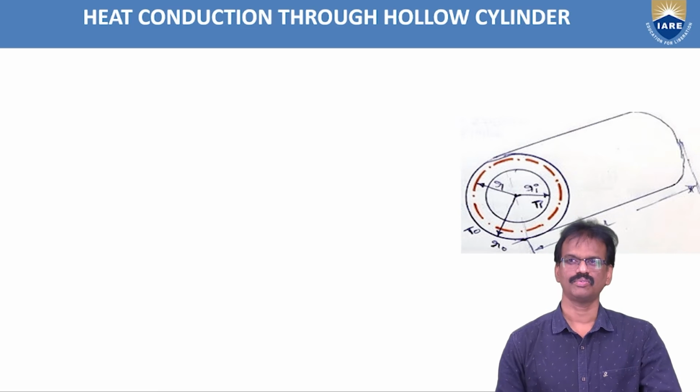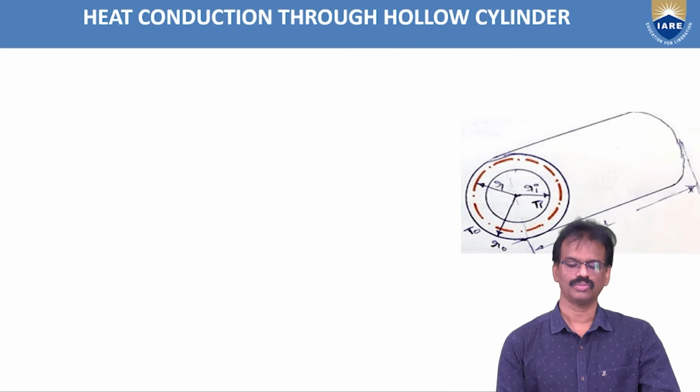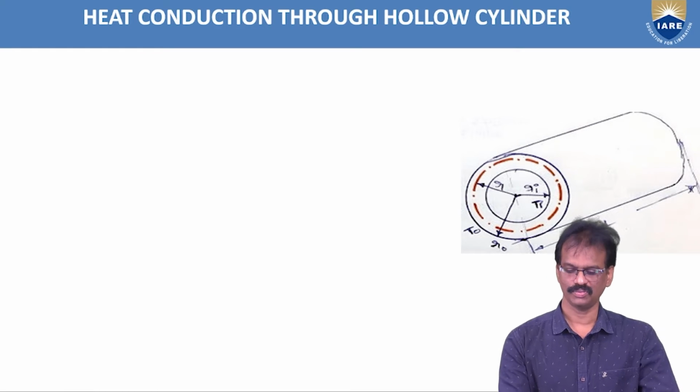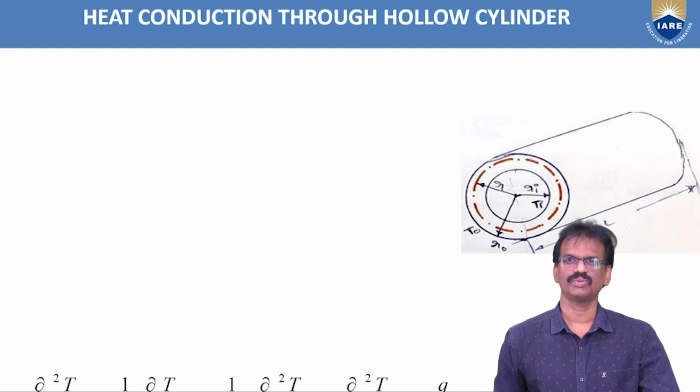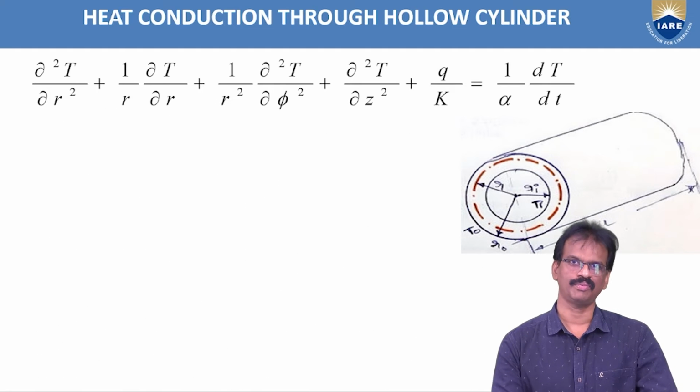Here we will derive the rate of heat transfer in cylinders. You know the formula: Q = 2πkL (T1 − T2)/(R0 − Ra). We derived this formula already in previous classes.